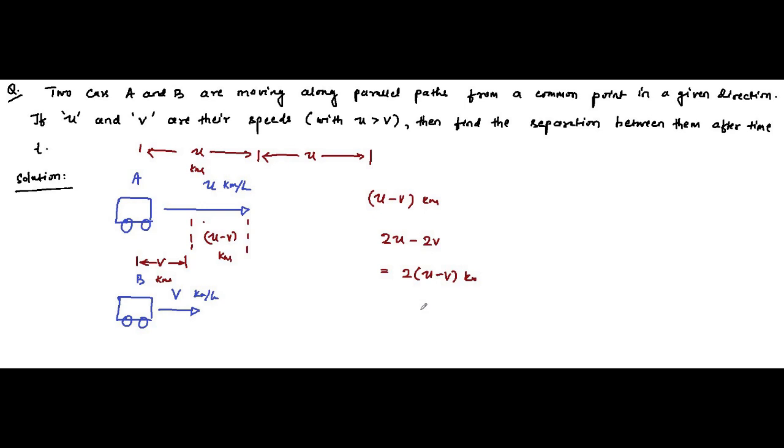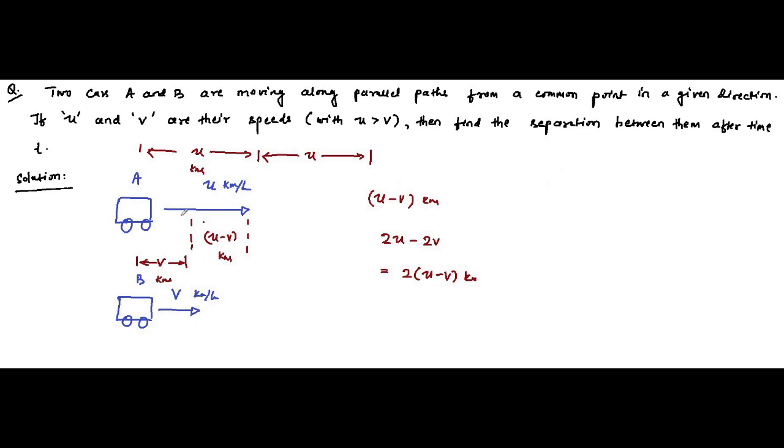So after every 1 hour the gap will increase. This is a very important concept related to relative velocity. When things like that occur, you have to take the relative velocity concept into play.